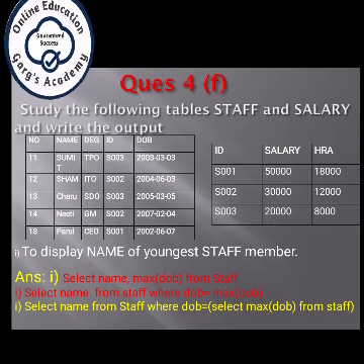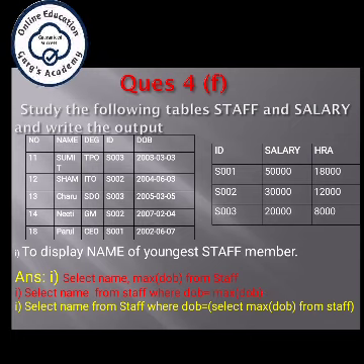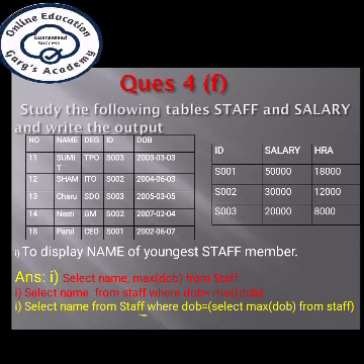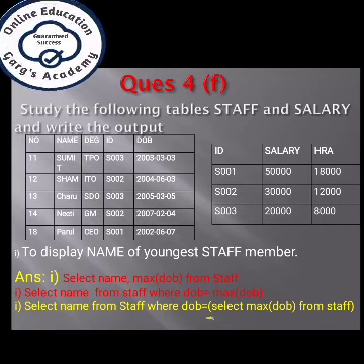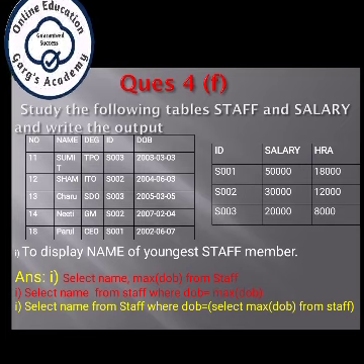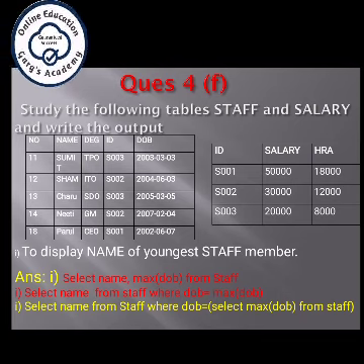Because you have written maximum DOB, from which table it will find the maximum DOB is not clear. So the complete answer here is SELECT name FROM staff WHERE DOB = (SELECT MAX(DOB) FROM staff). You have to attempt this question very carefully. It is a question of nested query.